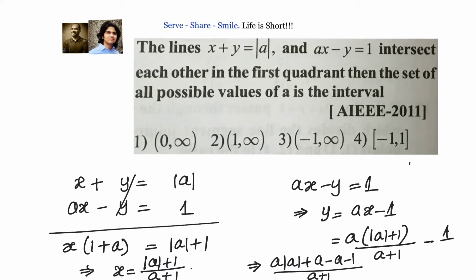That will give us y equals (a mod a minus 1) divided by (a plus 1). So we know x and y values.